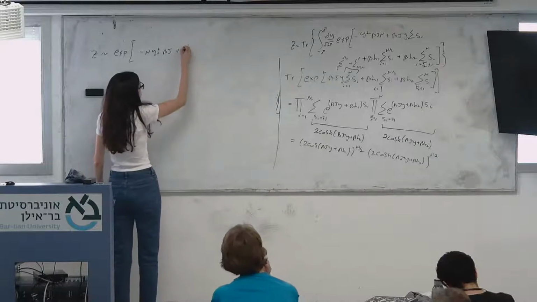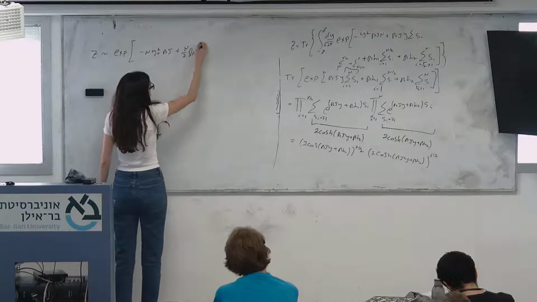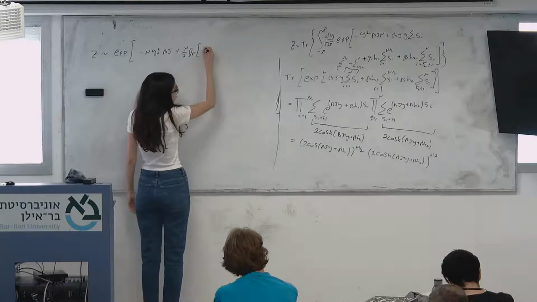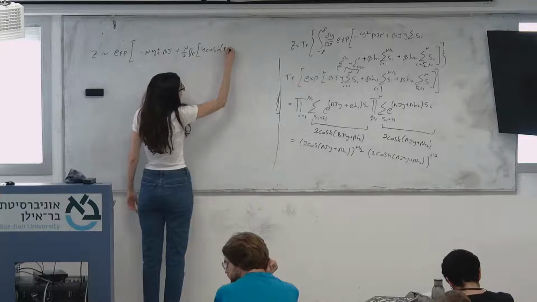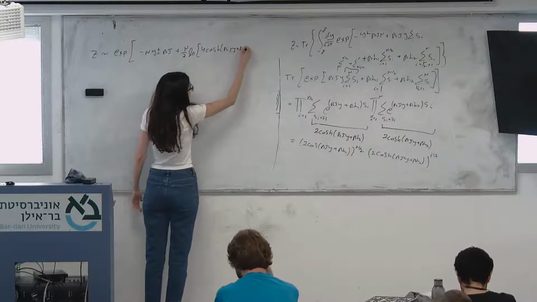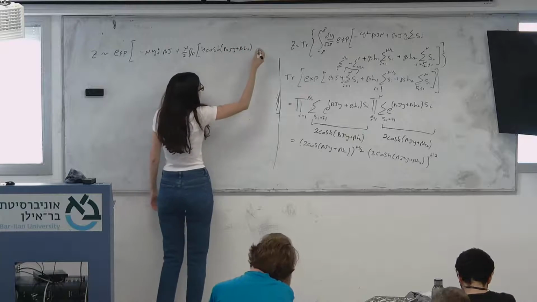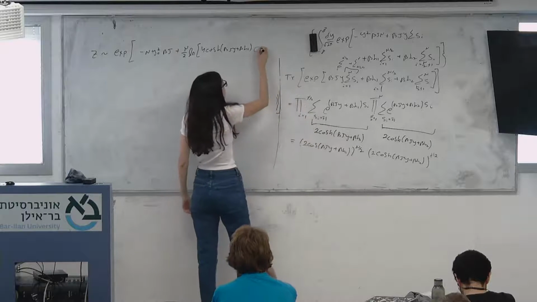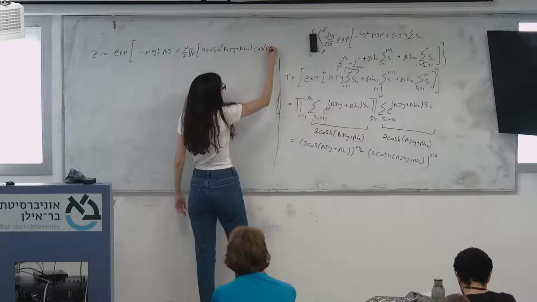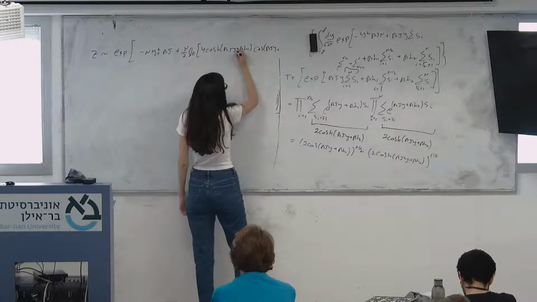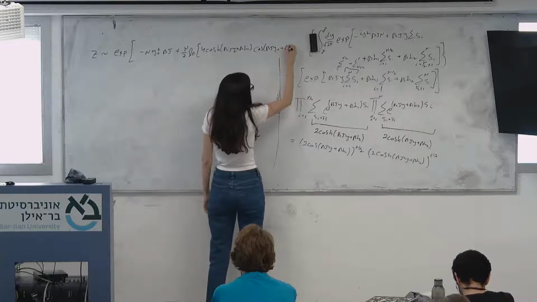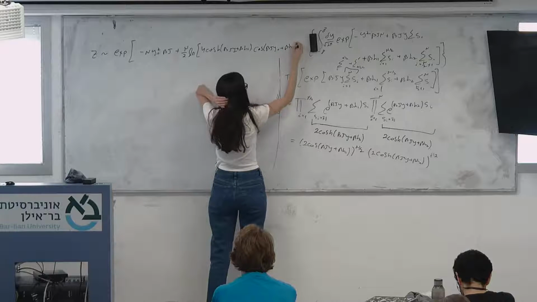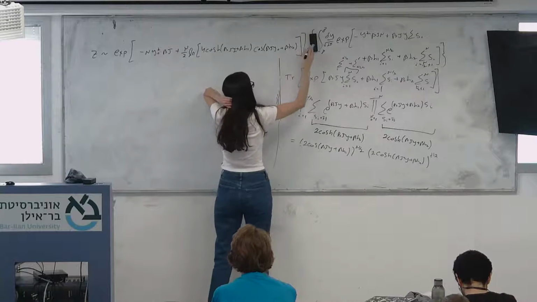So this is plus n over 2 ln of 4 cosh(βJy0 + βh1) multiplied by cosh(βJy0 + βh2).